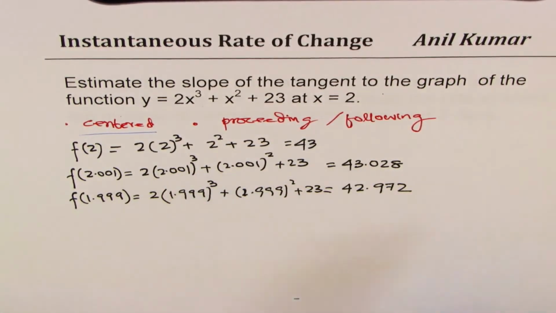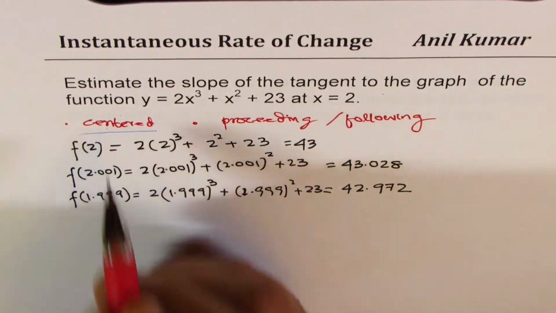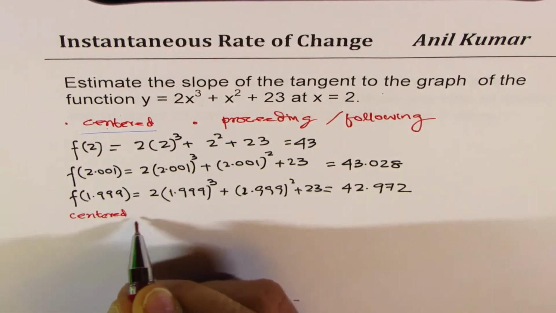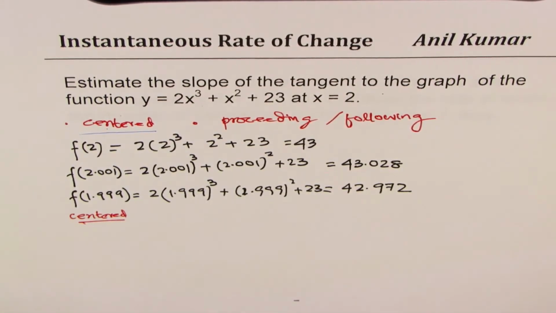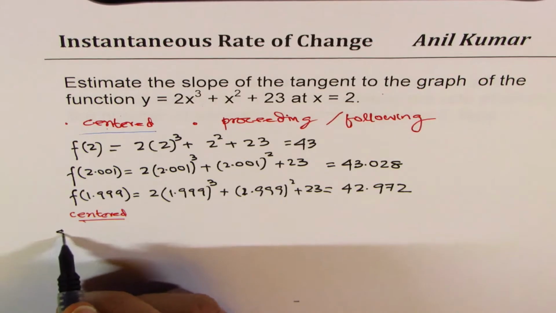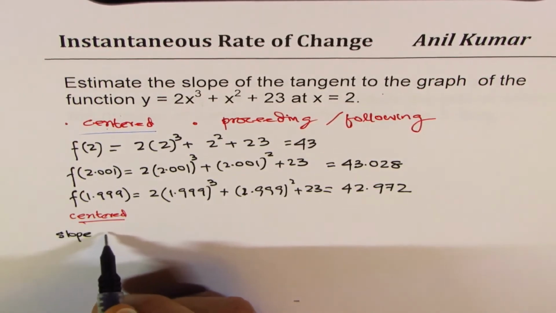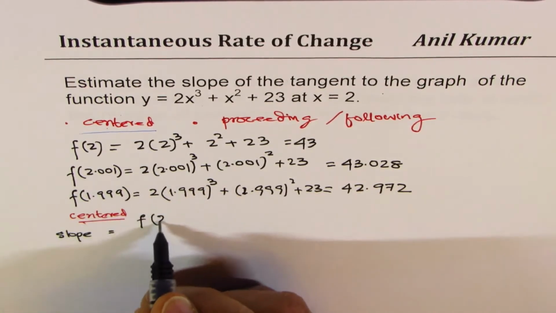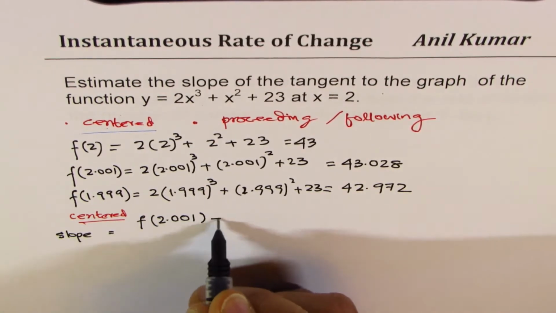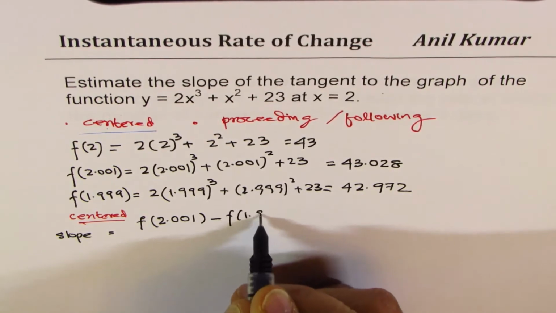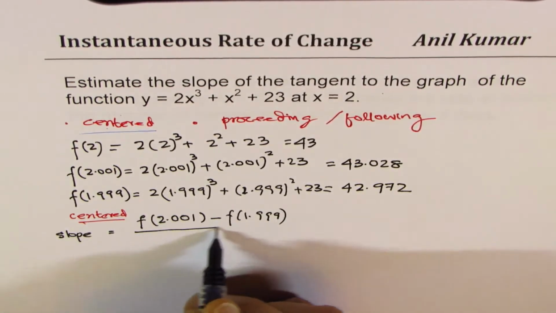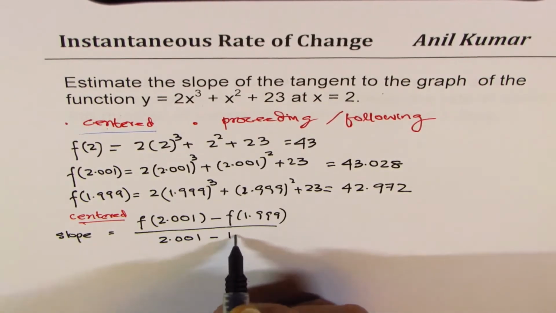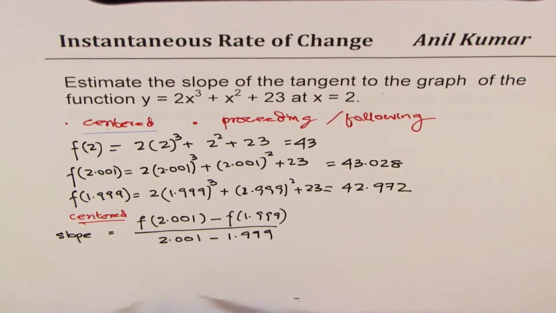So if I'm using the centered method, then I could find the slope of the tangent as equal to f of 2.001 minus f of 1.999 divided by 2.001 minus 1.999, correct?